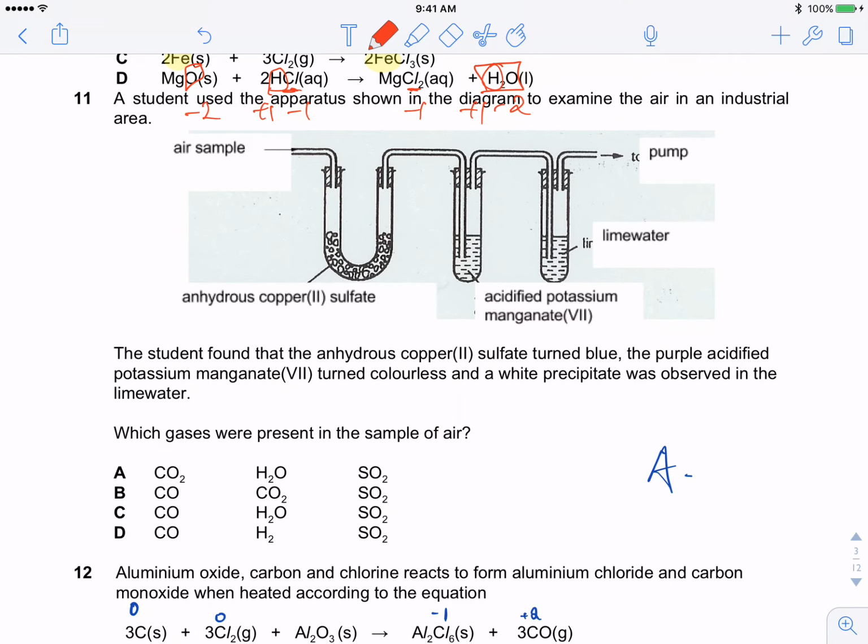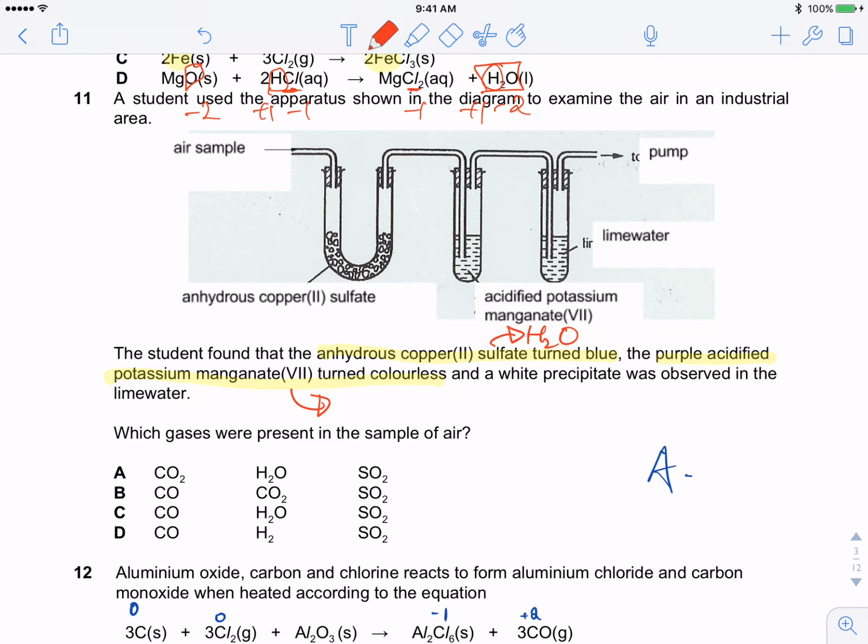Okay, question 11. A student used the apparatus shown in the diagram to examine the air in the industrial area. Found that anhydrous copper 2 sulfate turned blue. So this tells me that water is present. Purple acidified KMnO4 turned colorless. What does it tell me?